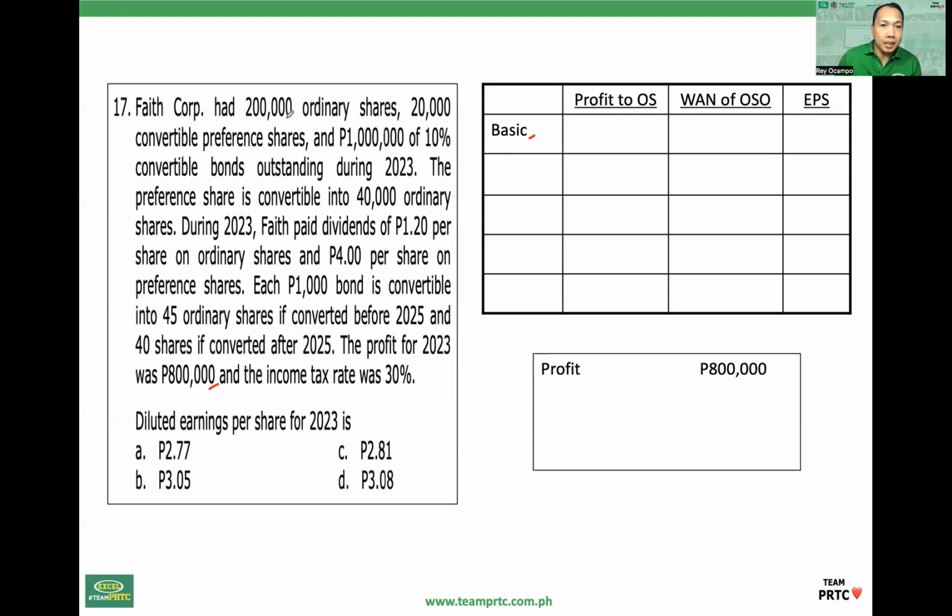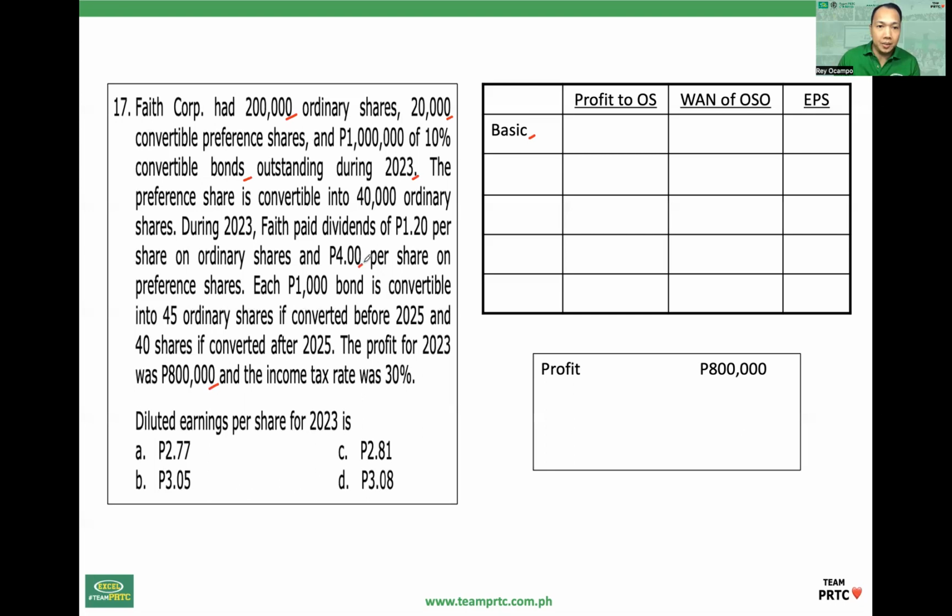So merong 200,000 ordinary shares, 20,000 convertible PS, and 1 million 10% convertible bonds outstanding during 2023. Okay, so yung PS convertible into 40,000 ordinary shares. During 2023, the entity paid dividends of 1.2 per share on ordinary and 4 per share on PS.